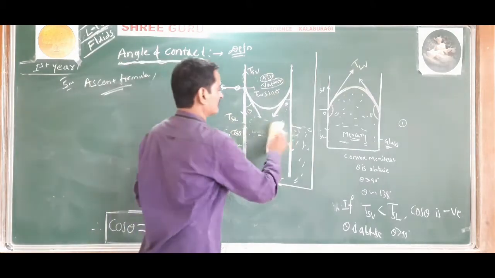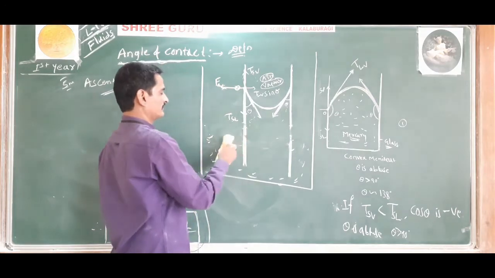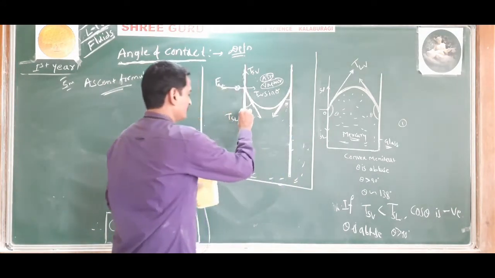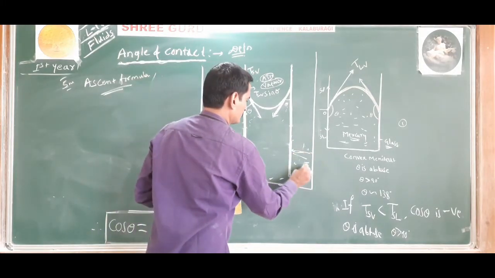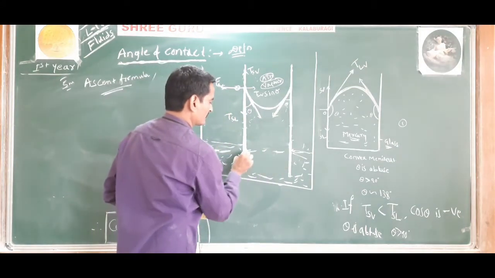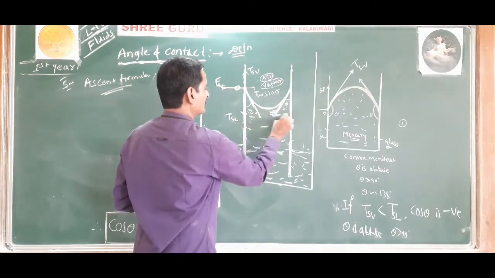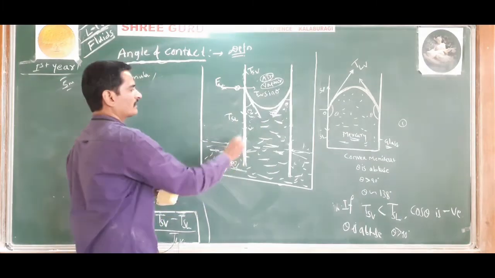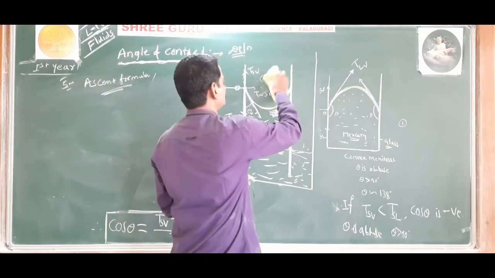Let us take this water level lower, so that the height is seen properly. This is the glass tube, and this is the surrounding water. The surrounding water is up to here, but inside the glass tube, the water level is raised.